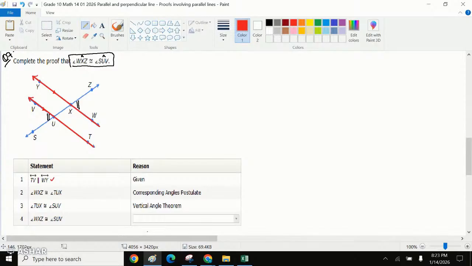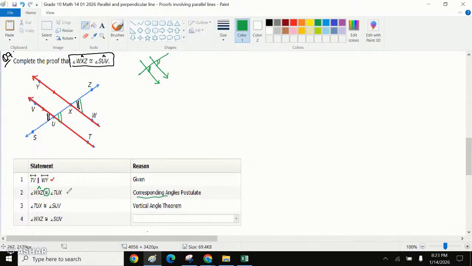They're saying that WXZ, this angle, is equal to TUX. We know that these two would be corresponding angles, right? If we have this, then these two angles are corresponding angles.